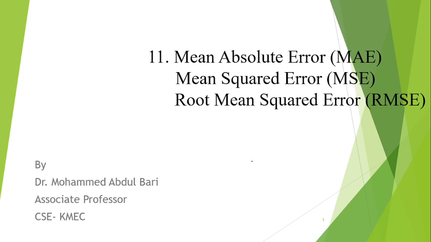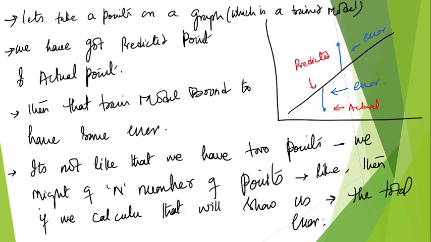Today is my 11th video and I am going to talk about MAE, that is mean absolute error, MSE, mean squared error, and RMSE, root mean square error. Before I move on to where we'll be using these, let's take an example.